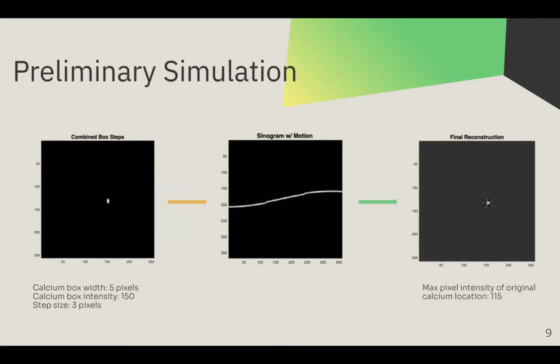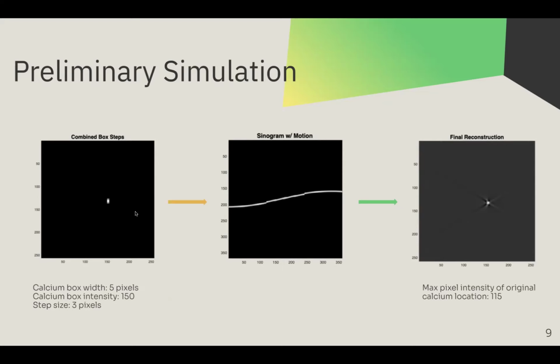To show it with a toy example that we did: on the left, this shows three boxes that are 5 pixels wide, and each position is 3 steps away from the previous one, so they overlap on top of each other. But they're supposed to be three separate frames, and I took the Radon transform of each of them separately.